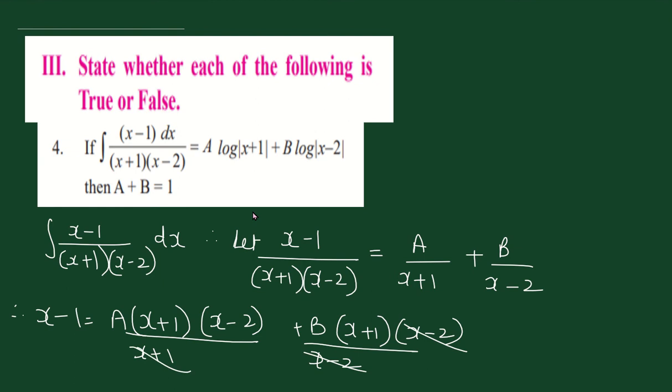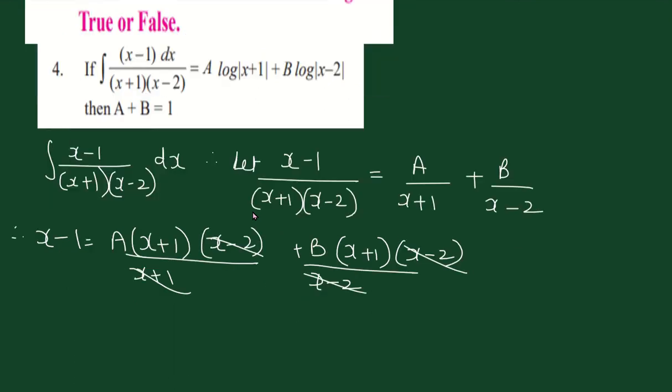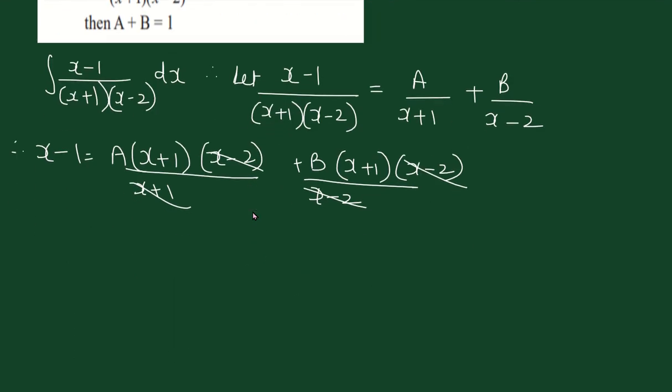Whatever is common is cancelled from the numerator and the denominator. And therefore, we are getting x minus 1 is equal to a into x plus 1 plus b into x plus 1.